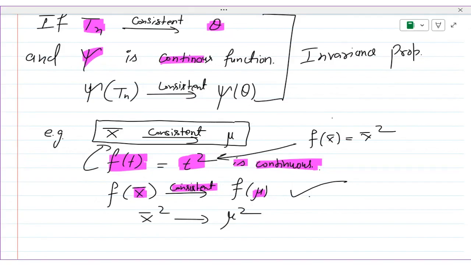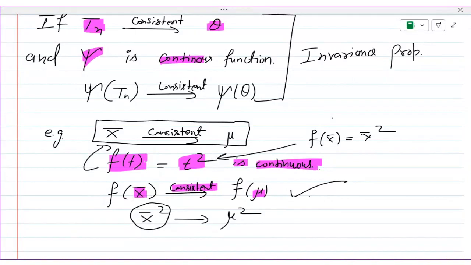Now what is f of x bar? If you put x bar here in place of t, you will get x bar square. So f of x bar is x bar square. And what is f of mu? In place of t, put the mu, you will get mu square. What does this function do basically? It does the square, na? t square.